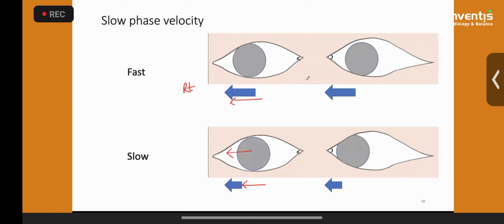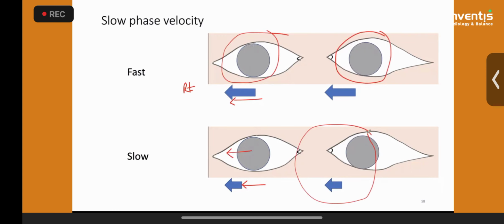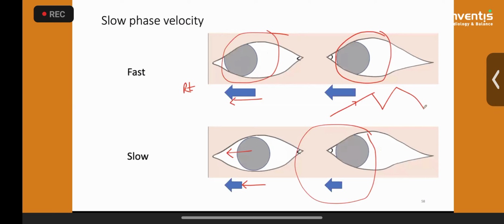But this is both sides. I assume that this eye is also moving in this slow phase velocity. So if you look at both the eyes, this right beating is faster as compared to this right beating nystagmus. So the upper panel is having higher velocity as compared to the lower panel. That is the importance of the velocity. If the slow phase velocity is higher, then the fast phase velocity is proportionately higher. So that's how these two nystagmus we can differentiate.